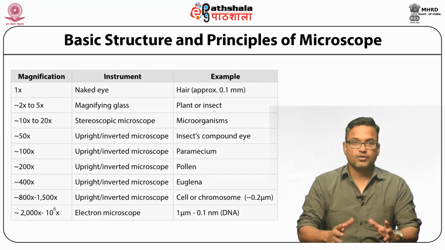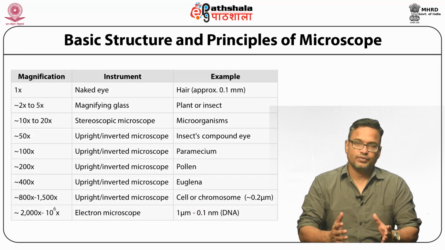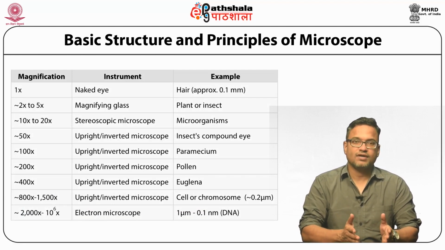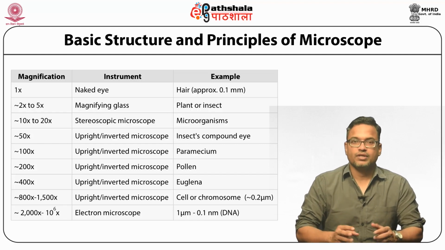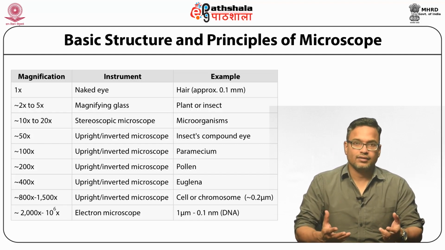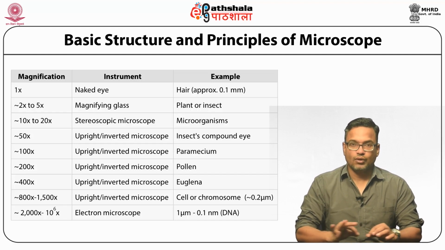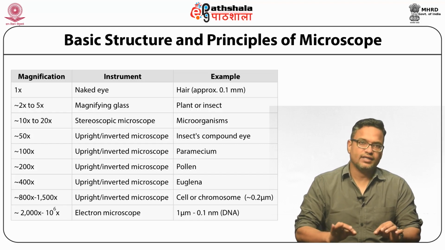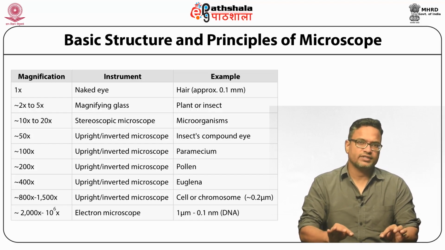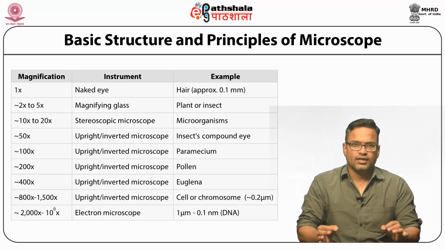Now, as I mentioned about magnification, here is a table which gives us a perspective on how important magnification is in terms of visualization. For example, a naked eye can see a hair. We can see the outline of a hair, which is almost 0.1 millimeter, and at 1x that is enough to understand what a hair looks like.